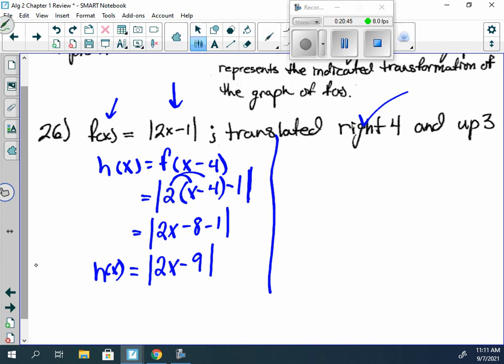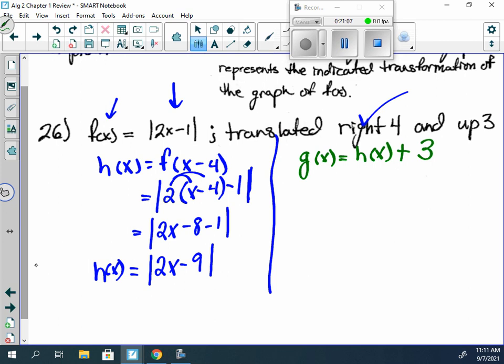Now where are we moving next? So g of x, our next function, would be our h of x plus k. Vertical translations up and down is our f of x plus k. Or here it would be g of x. Now it says up 3. Up is positive and our movement is 3.